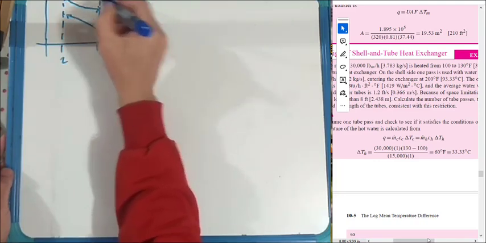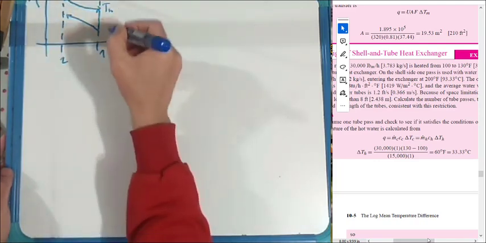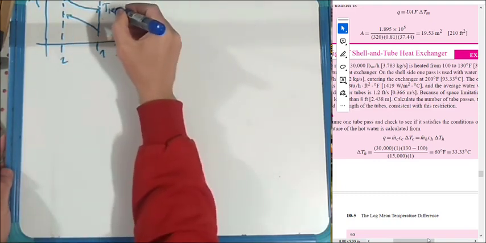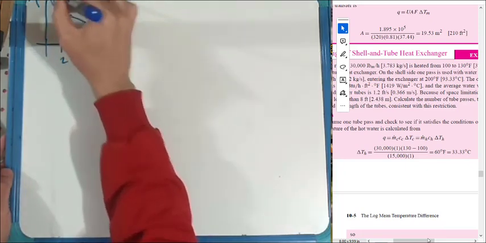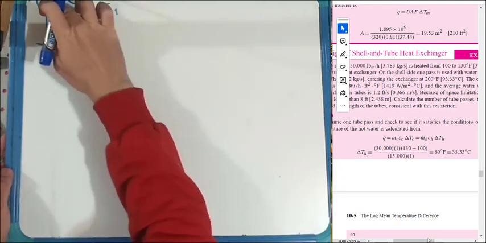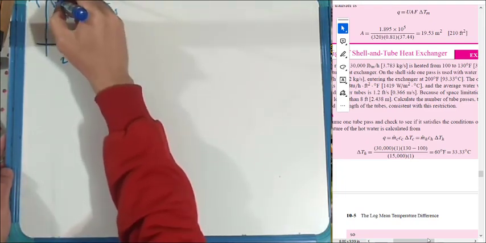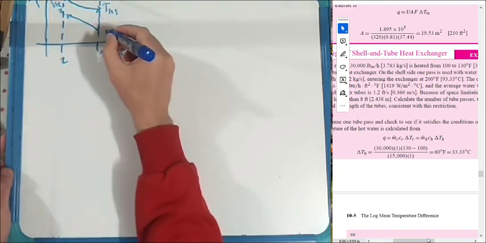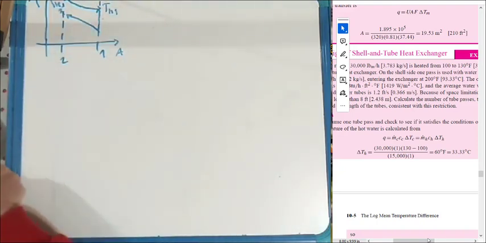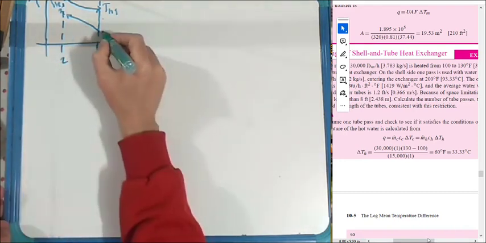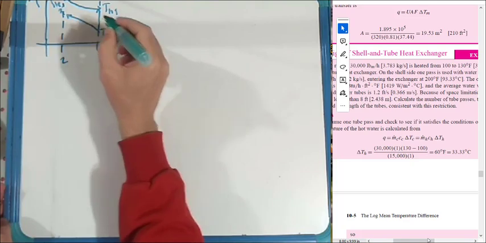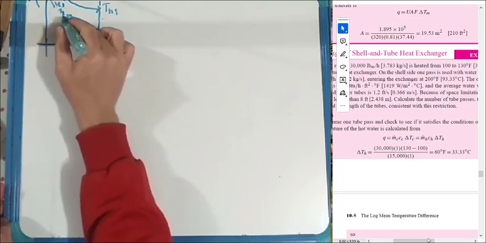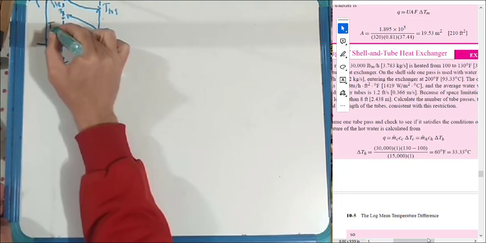This is the T axis, capital TH1, TH2, here TC1, and here TC2.